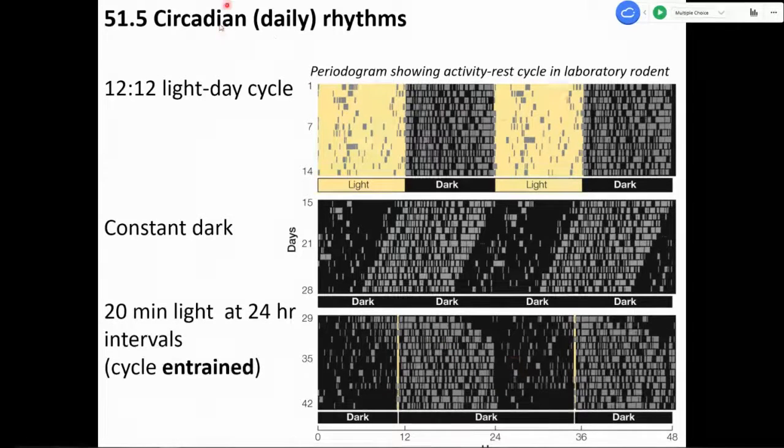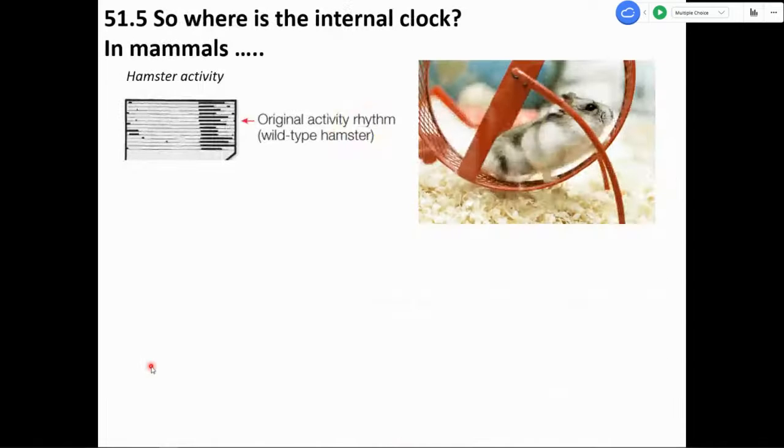So this circadian rhythm is generated partly internally and partly through external entraining. There's some kind of an internal clock that is being used in these mammals to have this circadian rhythm.